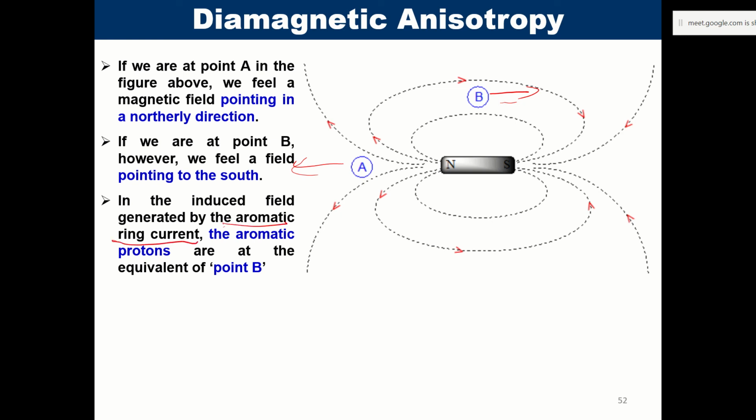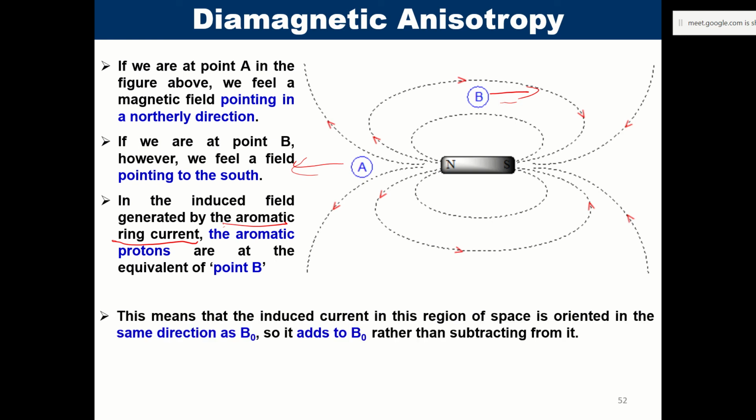When the field is applied in an aromatic system or in anything, it is easier to visualize this picture first. Apply your concept from class 11th and 12th, that in a ring, when a current flows in a certain direction, a magnetic field is produced.